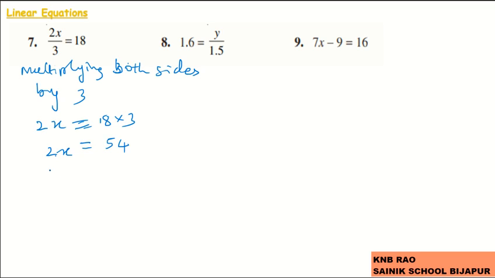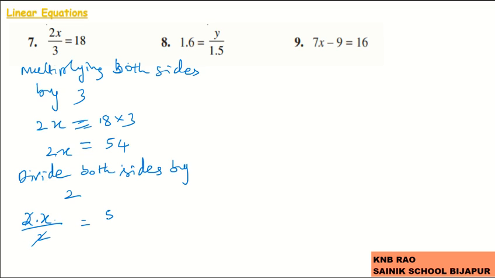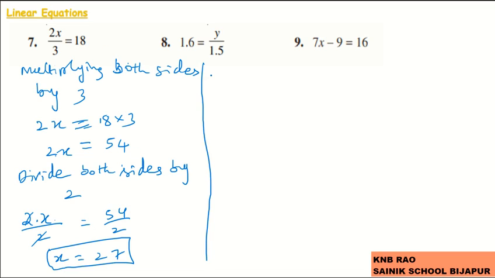Now 2 is a multiplicand, so we divide by 2. So 2x upon 2, 2 gets cancelled, equals to 54 upon 2. So therefore x equals to 27 will be the value of variable x in the question number 7.